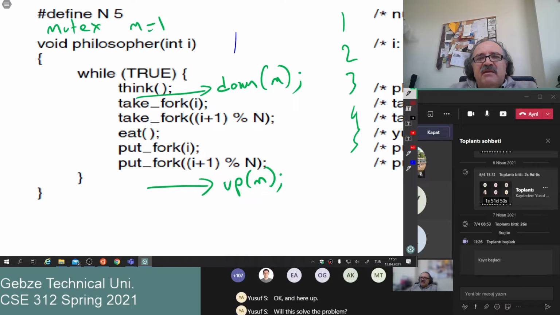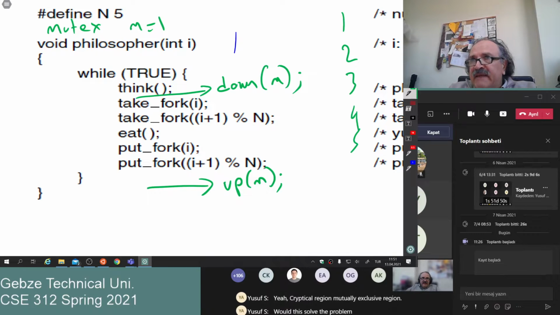So I made all the non-thinking parts, taking the left fork, right fork, eating and putting the forks back, a critical region, a mutually exclusive region. Would this solve the problem?